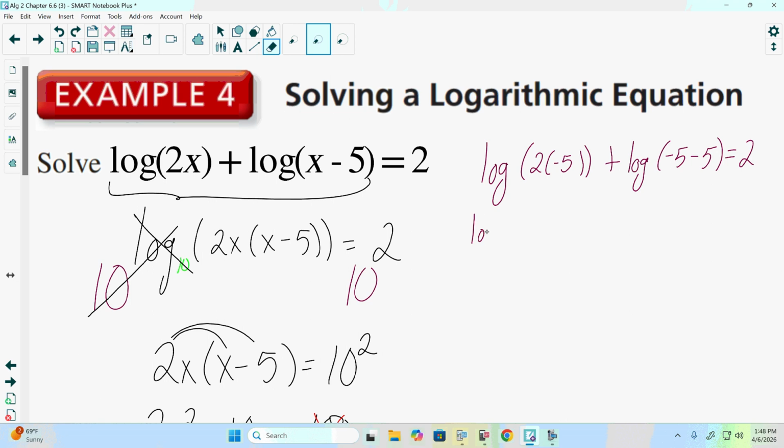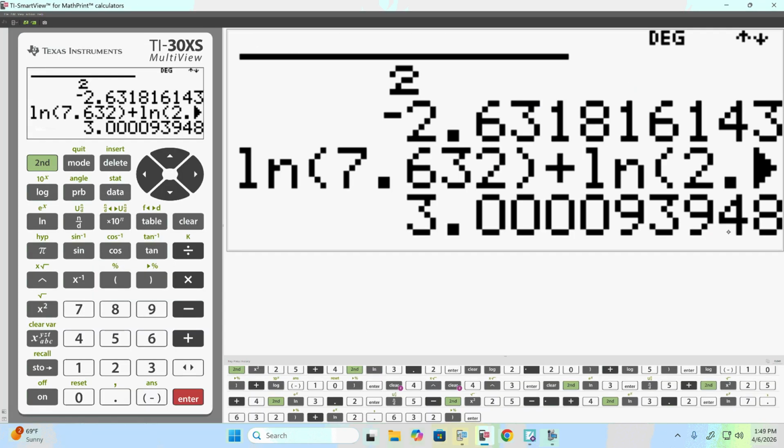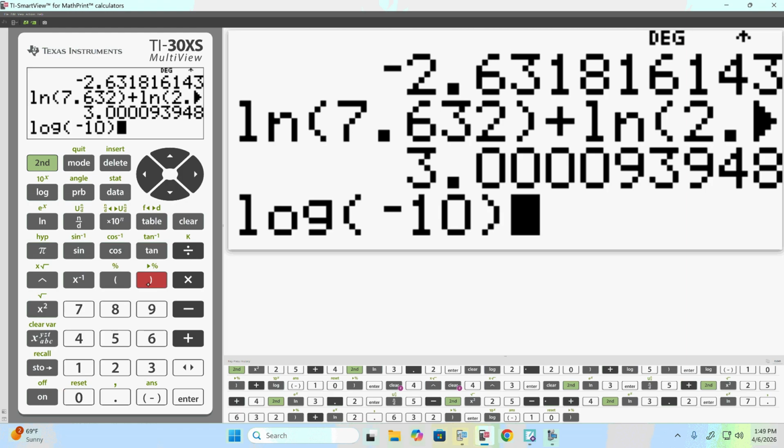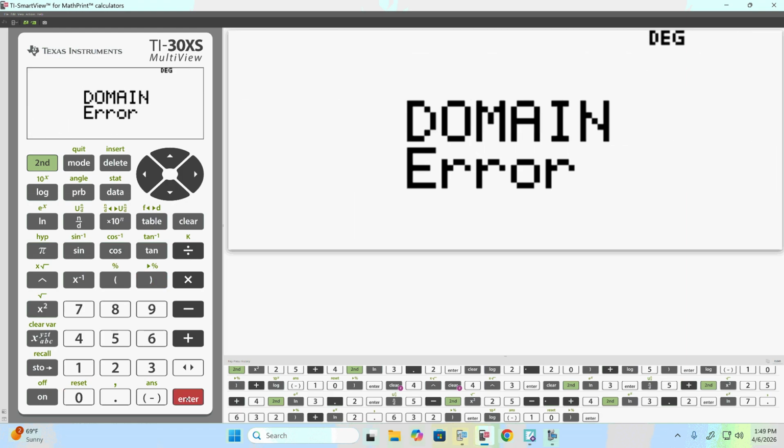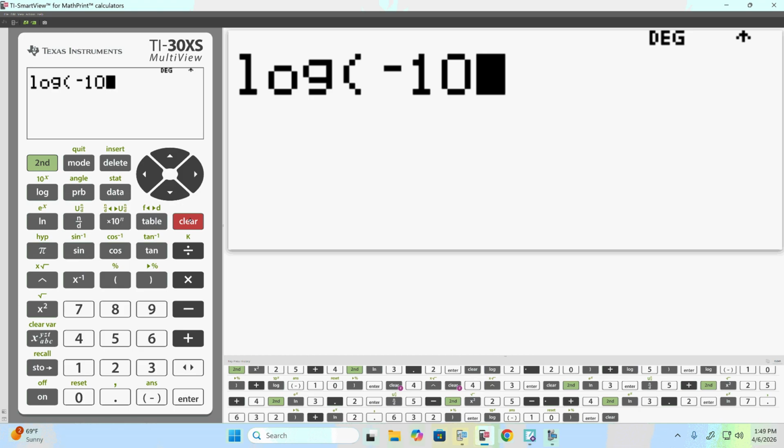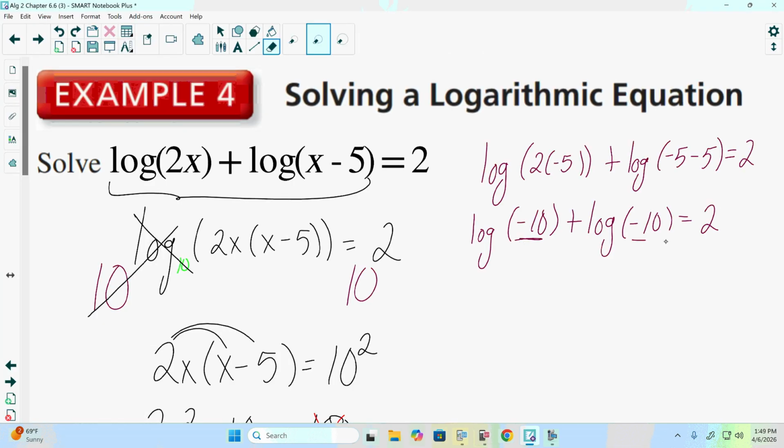Now, as we work this out, 2 times negative 5 is negative 10. Negative 5 minus 5 is also negative 10. So we have log of negative 10 plus log of negative 10. Log of negative 10 does not work. We cannot take a log of a negative number. So this doesn't work.